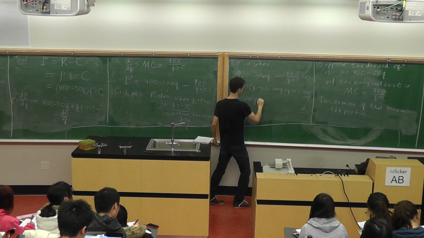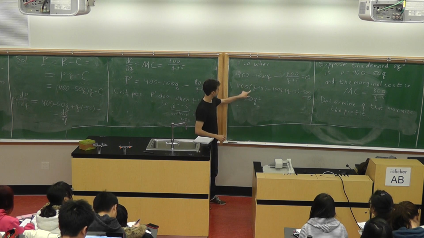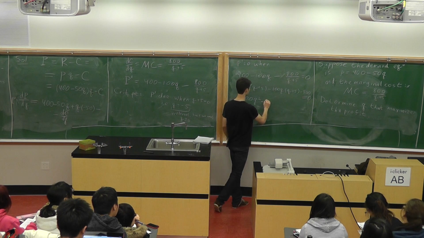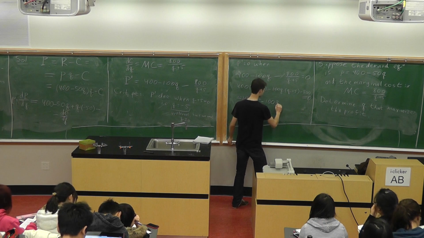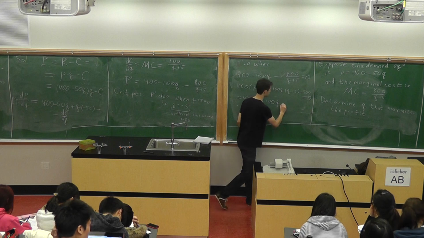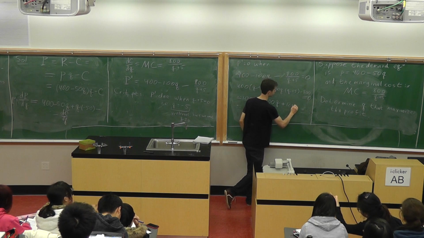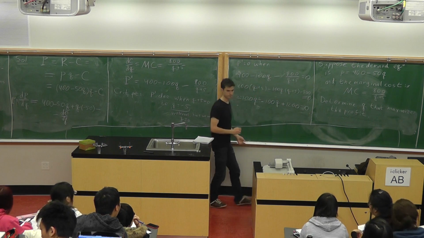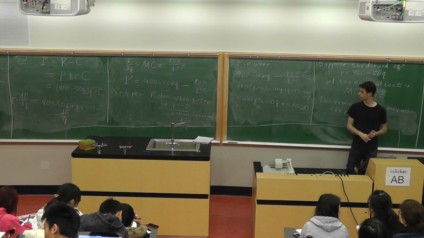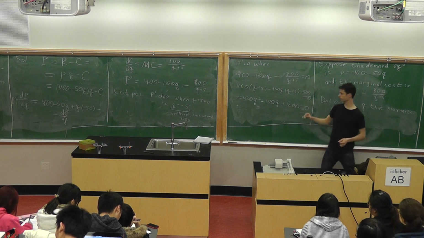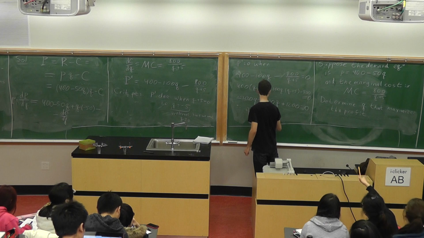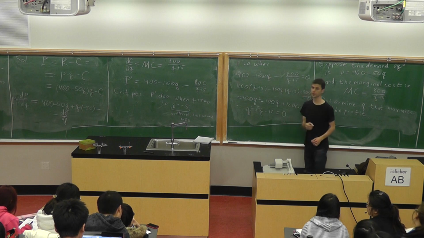Minus 100Q squared plus 400Q and minus 500Q. So it's minus 100Q, plus 2000 minus 800. So it's plus 1200. Let's divide by minus 100.